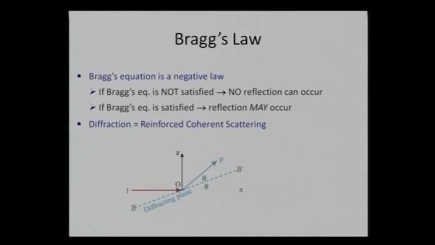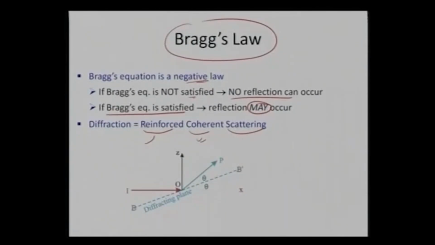Secondly, Bragg's law is not a positive law, it is a negative law, which means that if I am not satisfying Bragg's law, no diffraction will occur. But once Bragg's equation is satisfied, I may see diffraction, and diffraction is well defined as reinforced coherent scattering. So it is basically reinforcement of the coherent beams which are scattered.